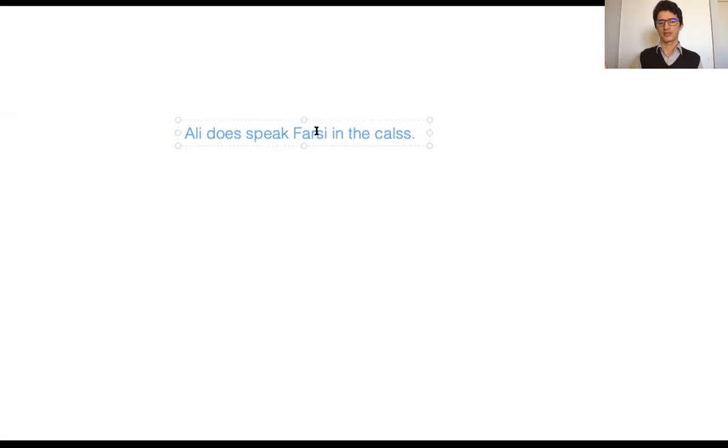So "does" is used to show emphasis, but the structure is present simple tense. Sometimes you might see this kind of sentence and not recognize that in present simple tense we don't use a helping verb. Remember, it is not a helping verb, it is just used to show an emphatic sentence. Ali does speak Farsi in the class.